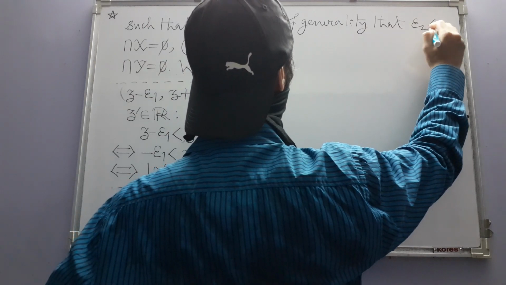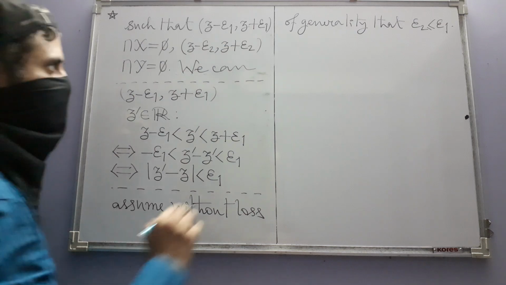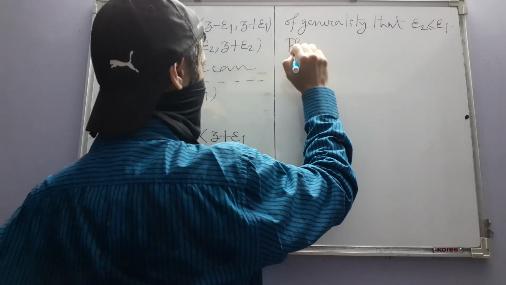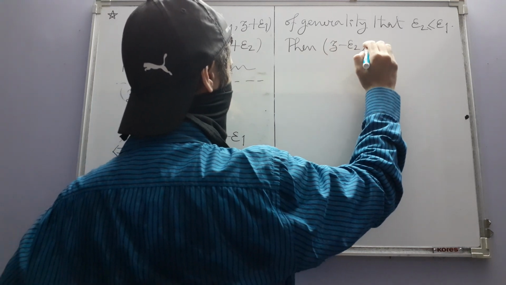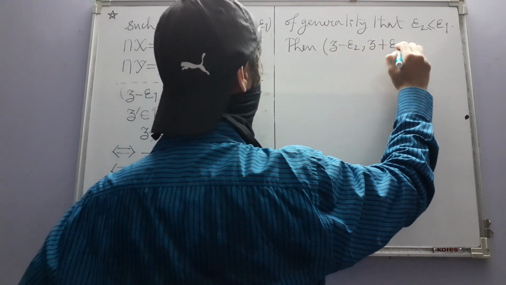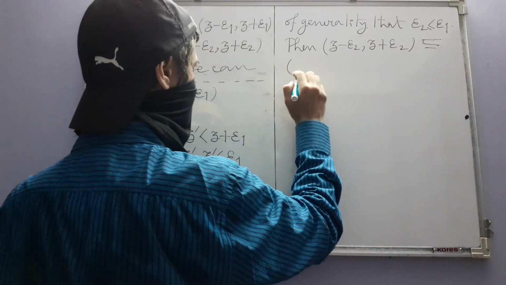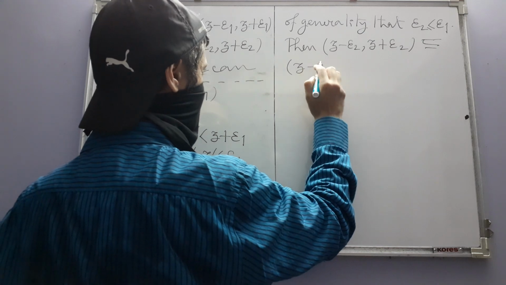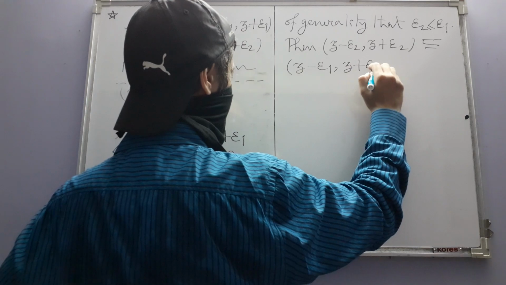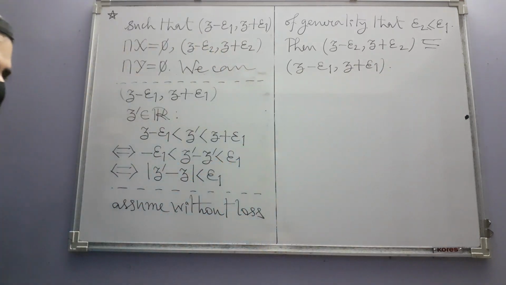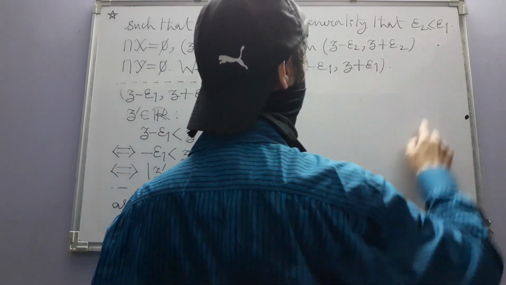Without loss of generality, epsilon 2 is less than or equal to epsilon 1, then clearly this interval will be a subset of this interval. Not going into the details of why that happens, you understand how this containment follows from this inequality.